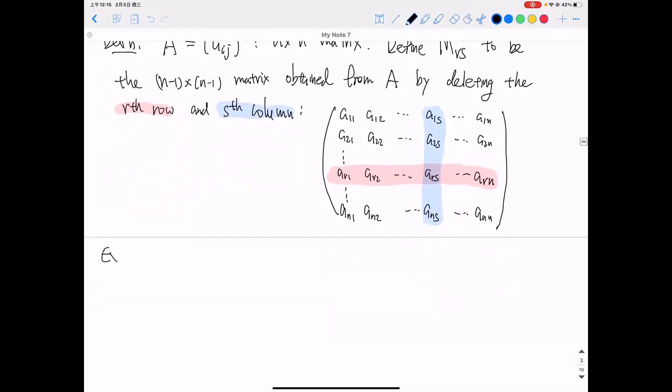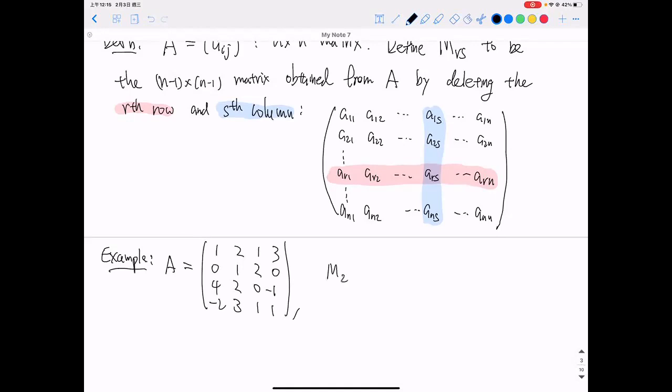And there are quite a few that you can form. So for example, if I have my A being this bit complicated 4 by 4 matrix, let's try to find M21.